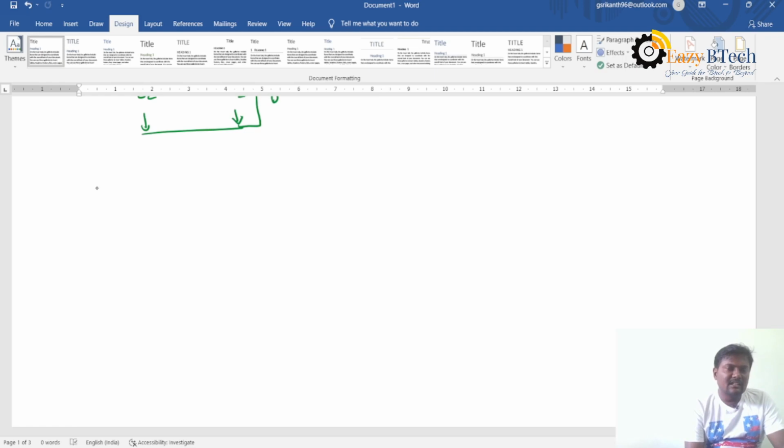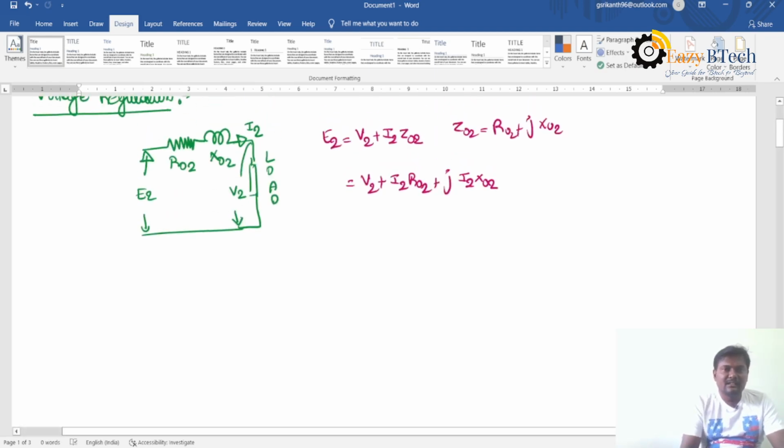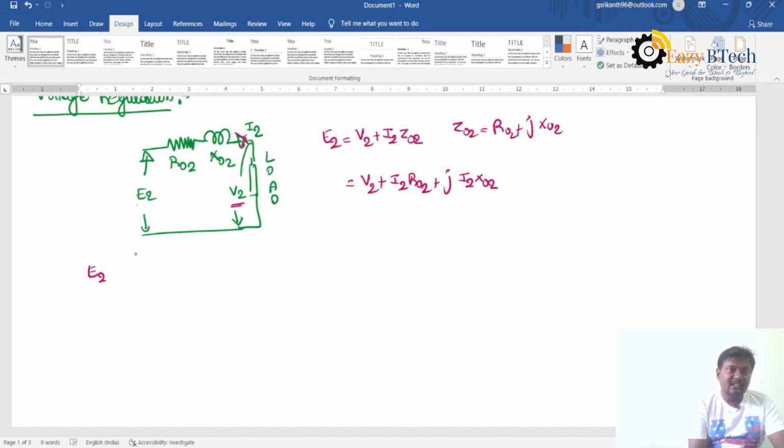The voltage regulation can be defined as the change in secondary terminal voltage from no load to full load. That means here the switch is provided. If the switch is open circuit, the voltage will be E2. The terminal voltage V2 is equal to E2 under no load condition, because under no load condition the I2 value is 0.